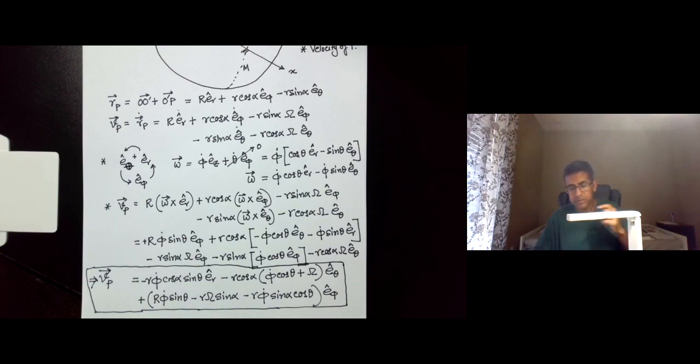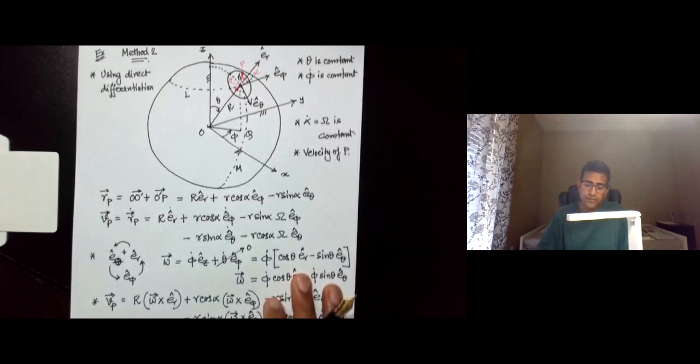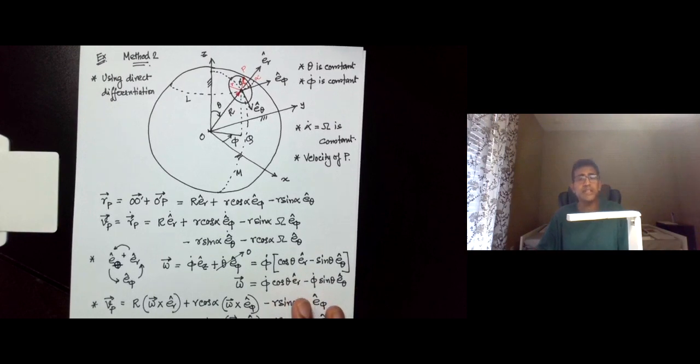The direct differentiation method is quite helpful in some cases, but keep in mind that depending on the definition of the problem, the direct differentiation method in some cases may require some extra work, because you would have to define a fixed point from which you would express all the vectors, and that may not be there in certain problems.